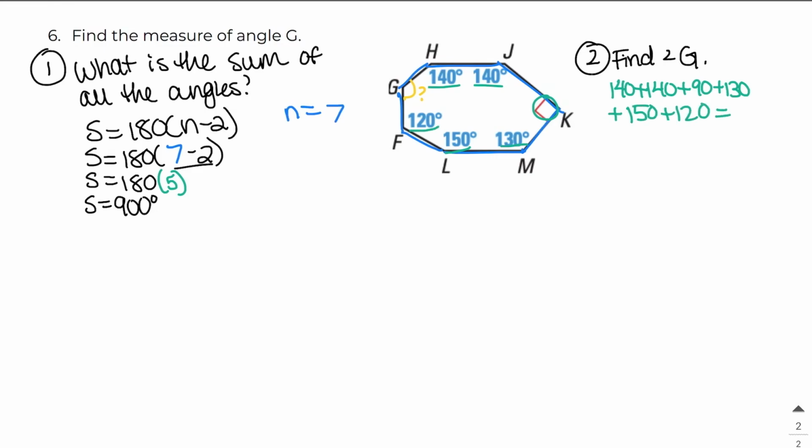When I add all of these numbers together, I end up getting 770 degrees. Now, since the angles all together add up to 900 degrees, I can take that 900 and subtract 770 from it. When I do that, I get 130 degrees. So therefore, the measure of angle G is 130 degrees.